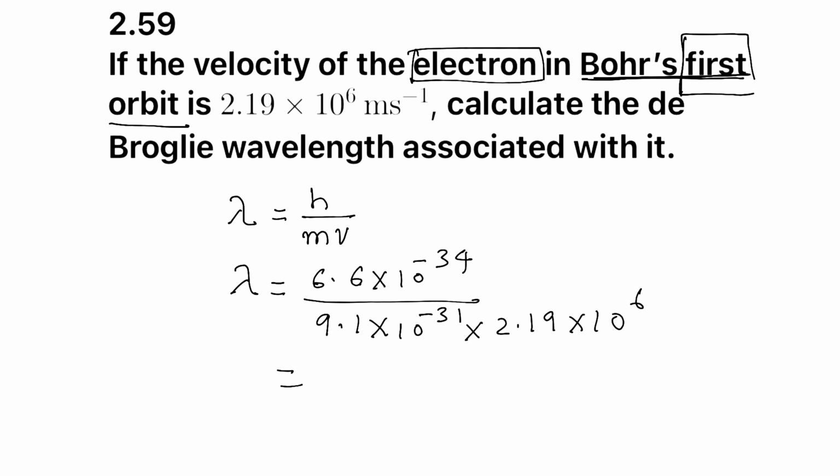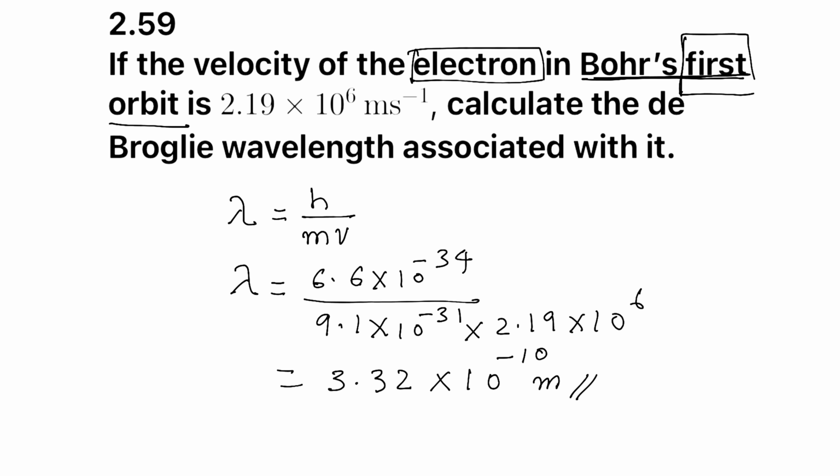If you don't know proper multiplication like power addition, power subtraction, you study that separately, okay? Otherwise very difficult to solve these things. Now I am going to write the answer directly. I am not going to teach you multiplication and division. 3.32 into 10 raised to minus 10 meter.